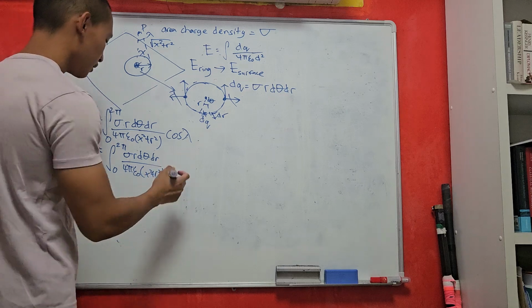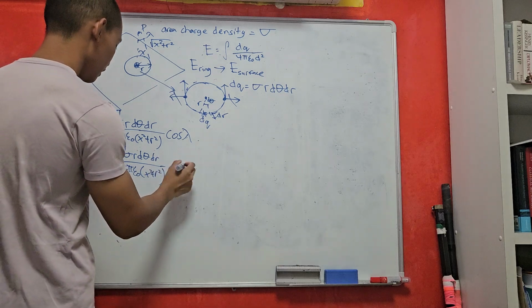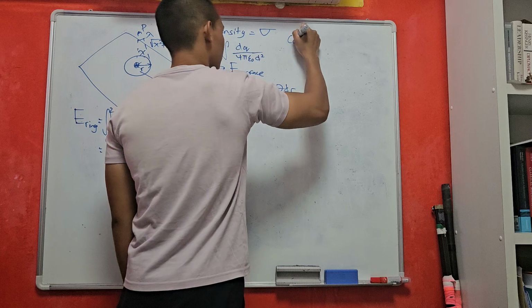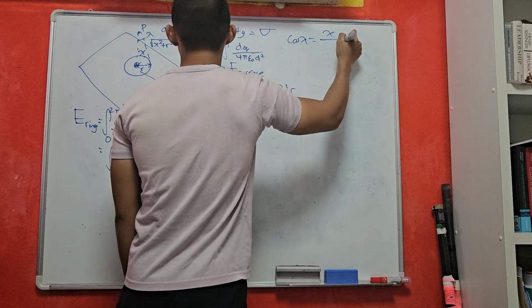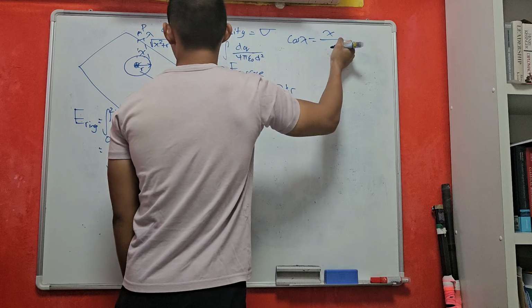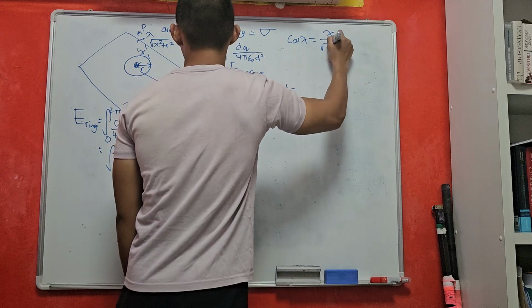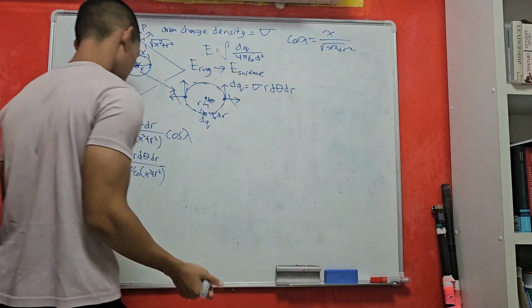Cosine lambda is basically just equal to x over square root of x squared plus r squared.